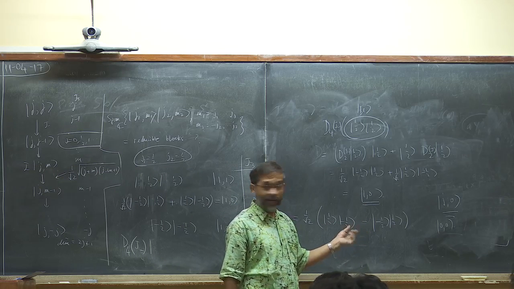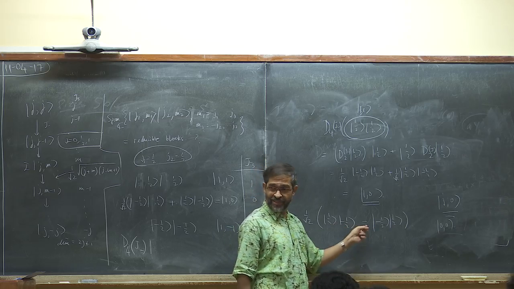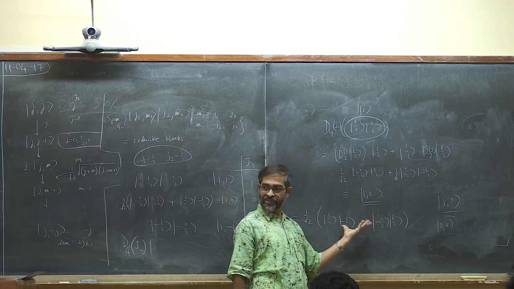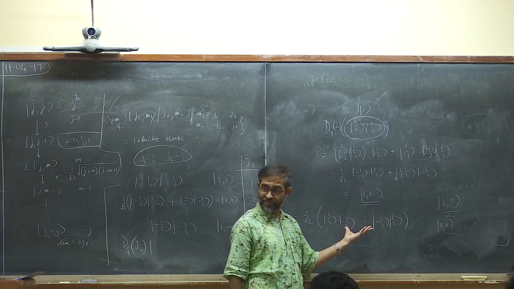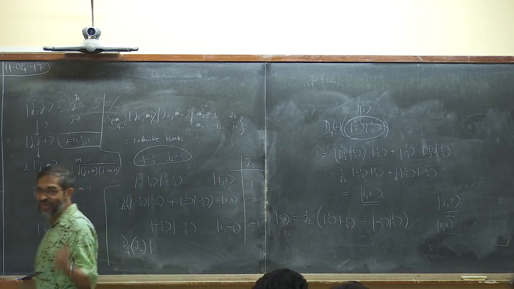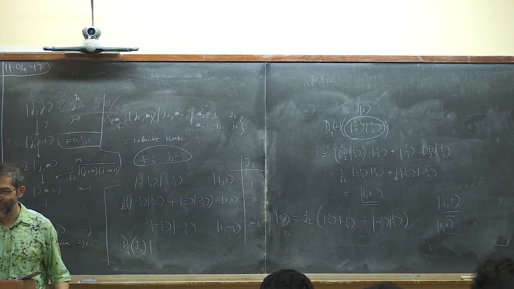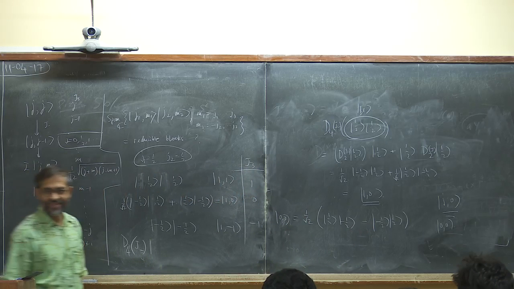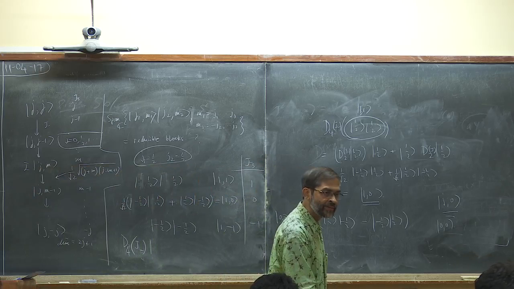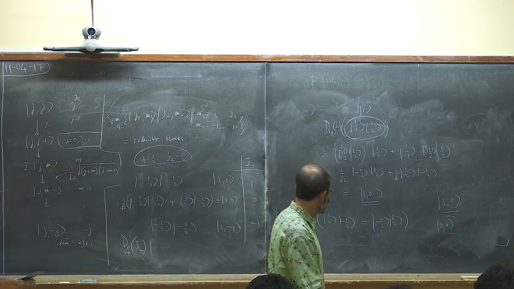All I need to say is that act by j plus. You find that it is 0. What does it mean? That's the highest weight state with weight equal to 0. So that means j has to be equal to 0. Equivalently, could we have just acted by j minus and not by j plus but j squared? That would also be a possibility.